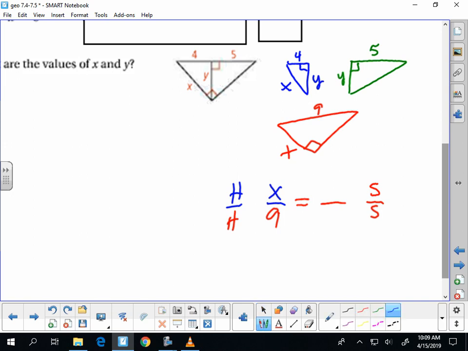What's the short side of the small triangle? 4 over the short side of the big triangle, which is, oh, hypotenuse is 9 on the big triangle. So if I cross multiply, I'd get x squared equals 36. What's the square root of 36? So x is 6, right?